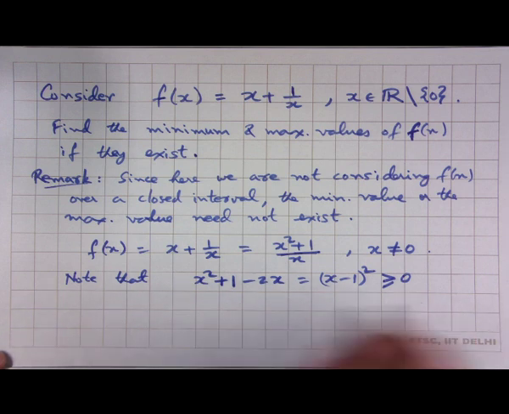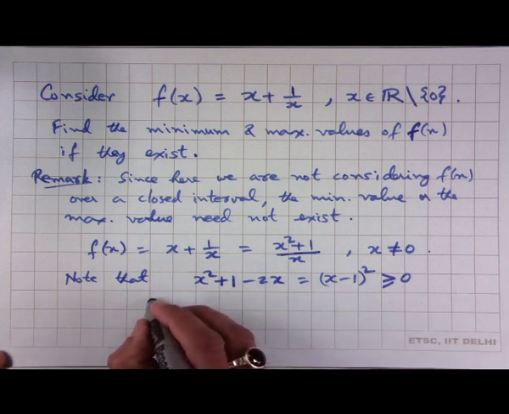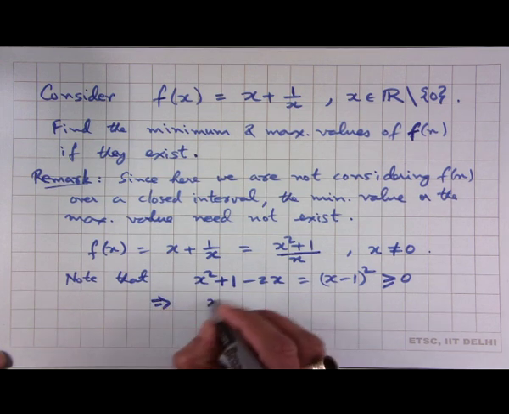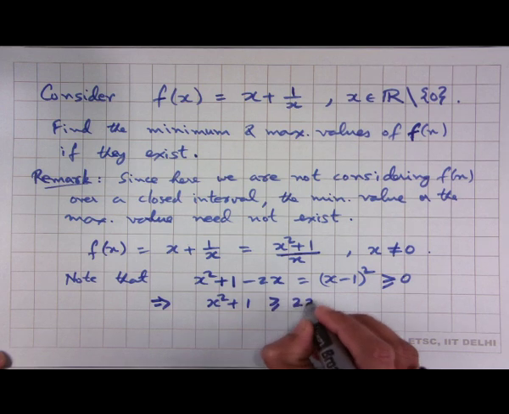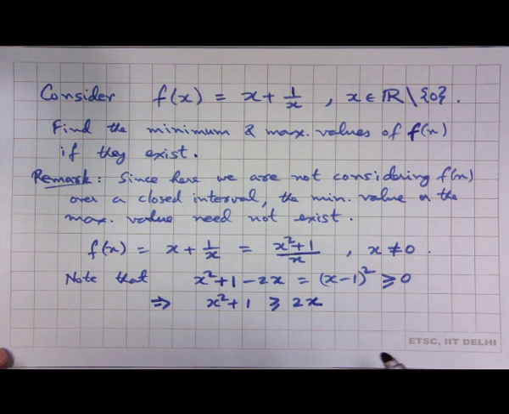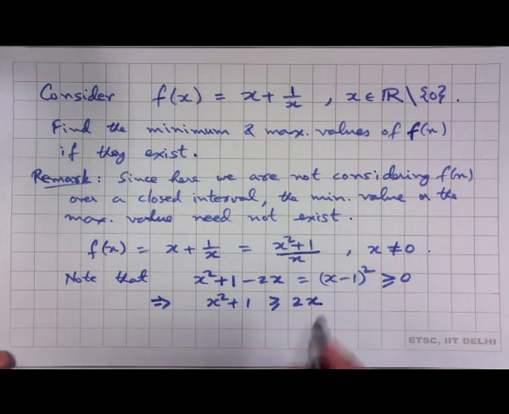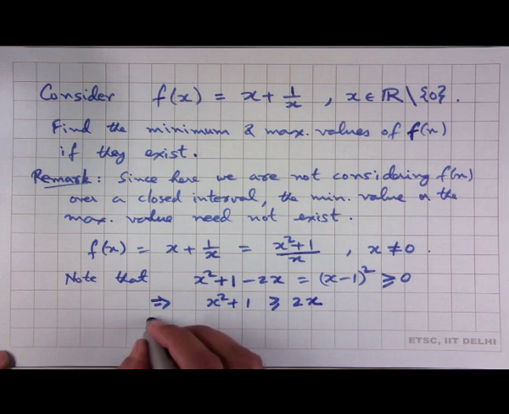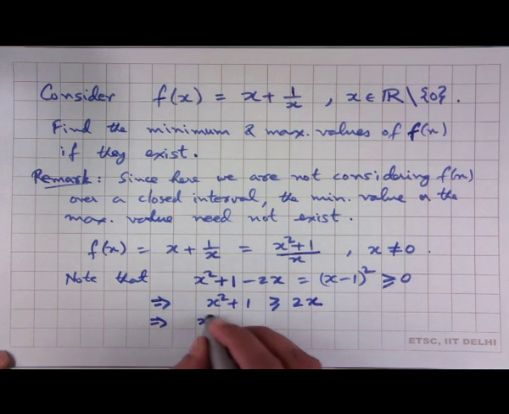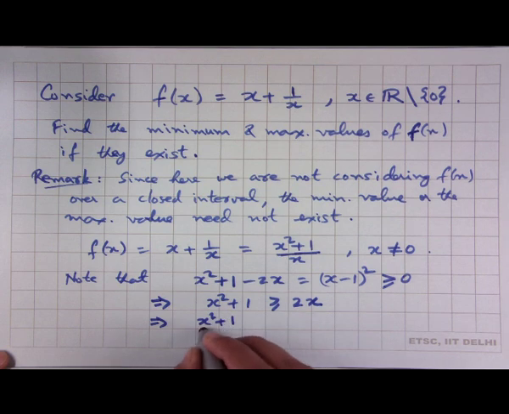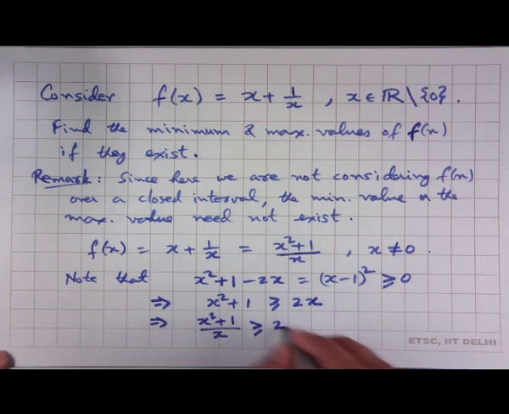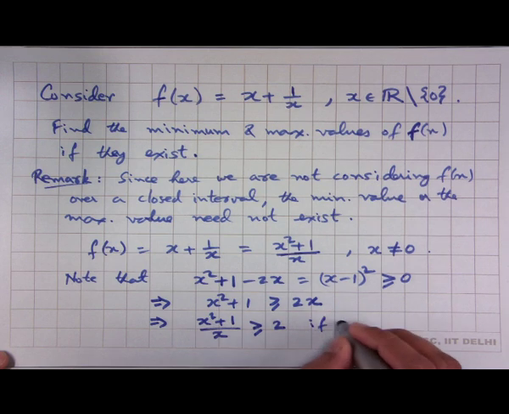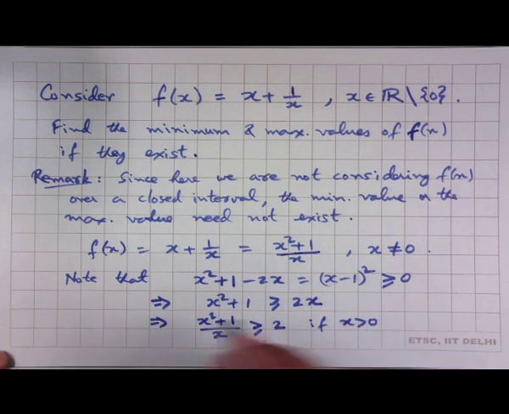So, what does this say? This implies that x square plus 1 must be bigger than or equal to 2x, and therefore this implies x square plus 1 by x is greater than or equal to 2 if x is positive, because then I can divide by x.